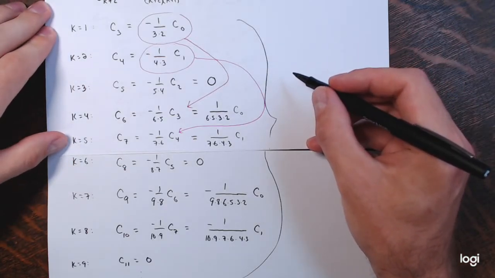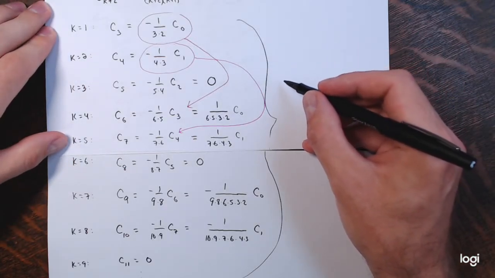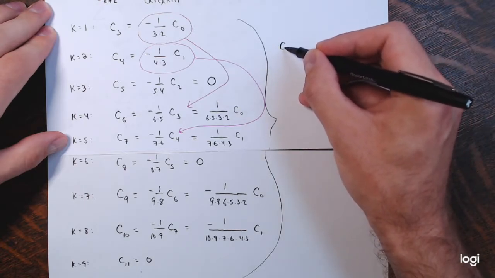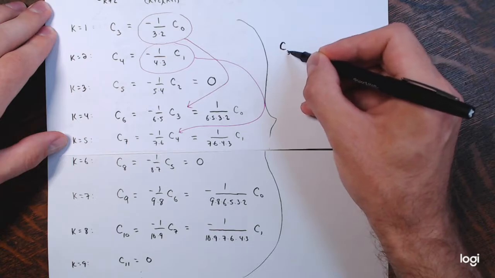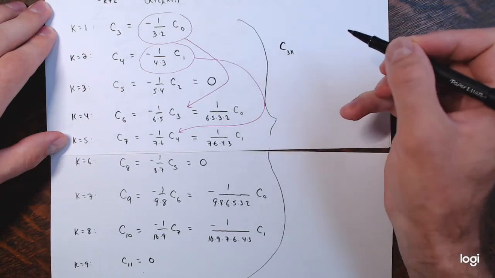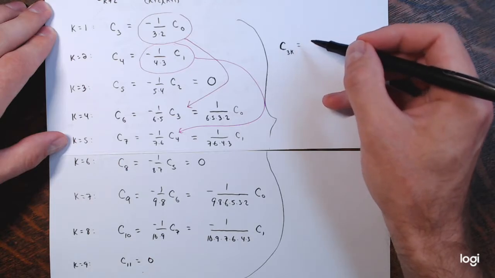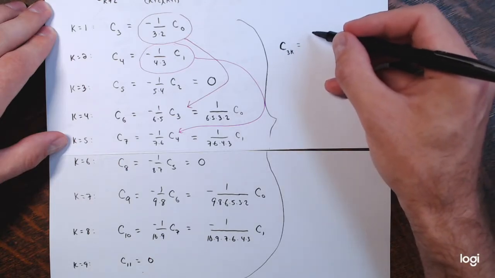So it looks like C sub 3k, if we're a multiple of 3, would be equal to, again, this is just me kind of trying to figure out a little pattern for this.